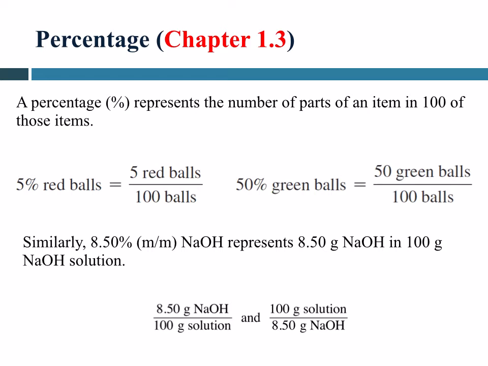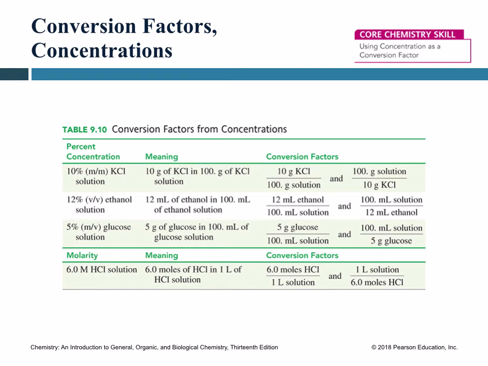You can obtain two conversion factors from any given concentration. This table provides a summary of how you extract meaning from concentration terms. Note how for every concentration you can obtain conversion factors that help you convert between amounts of solutes and amounts of solvents.